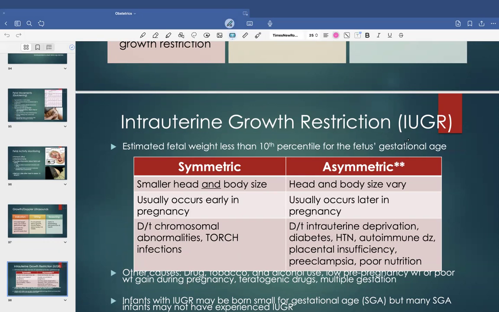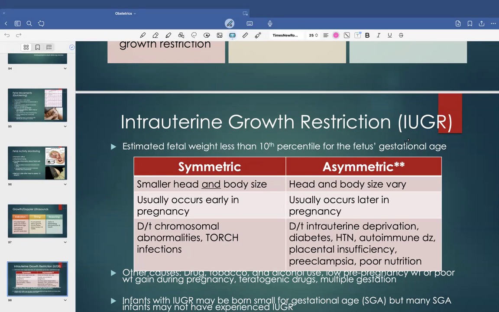Intrauterine growth restriction describes a pattern of aberrant and reduced fetal growth. The fetus is not reaching its full growth potential based on ultrasound measurements. Historically, it's been defined as an estimated fetal weight less than the 10th percentile for the fetus's gestational age. So that fetus is smaller than 90% of other fetuses at the same gestational age.